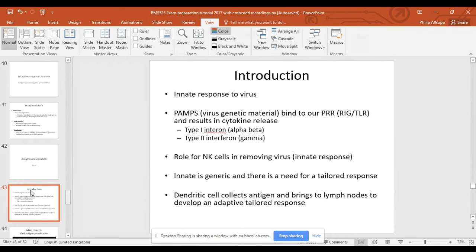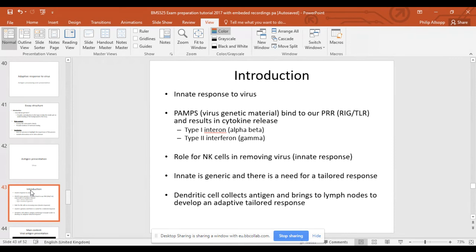Another mechanism in terms of the innate response to a virus is the activation of natural killer cells. Natural killer cells check for expression of MHC1 on cells, and if cells don't express high enough levels of MHC1, the natural killer cell will kill it, because it deems that if there's low expression of MHC1, a virus must be inhibiting MHC1 expression.